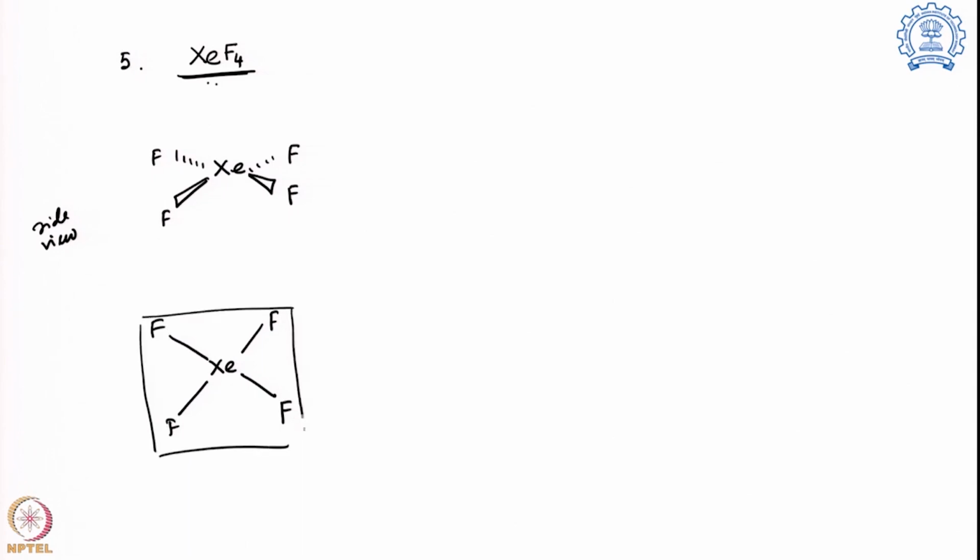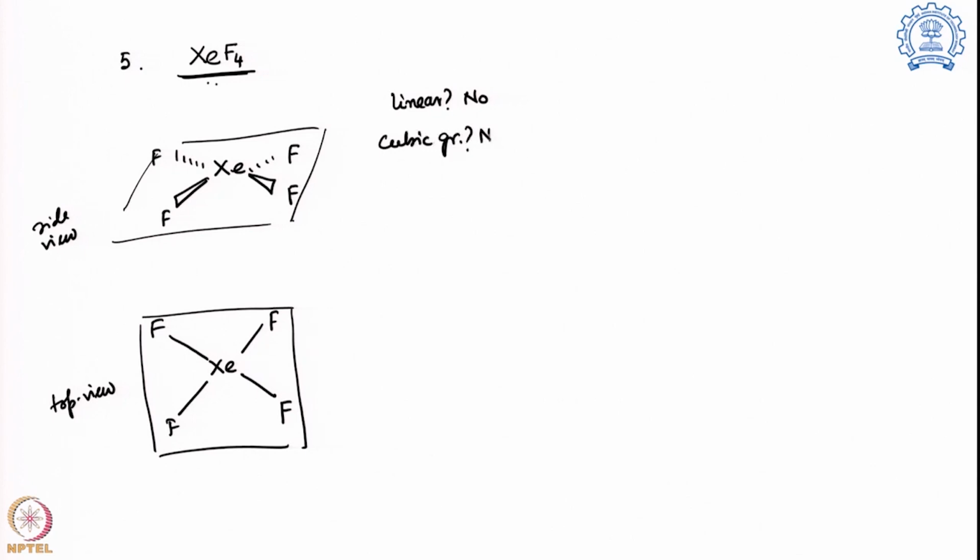So, this is the plane of the molecule. Now, when we look into that, we start asking the same question, are you linear or not? Answer is no. Cubic group, answer is no.